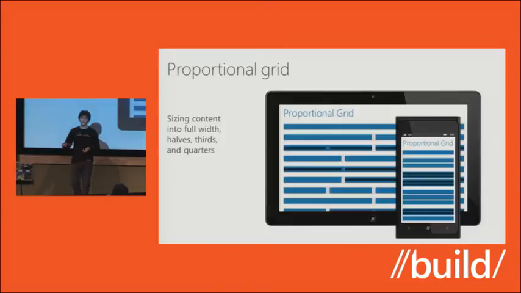So the answer that we ended up finding for us was a proportional grid where instead of a grid unit being a certain pixel width, it ends up being a fractional unit depending on the size of your viewport. So you can see on the mobile device, everything's just one column. But as you scale up into maybe a tablet or something like that, where you maybe had 2 cells stacked on top of one another, we break them out so they're side by side.